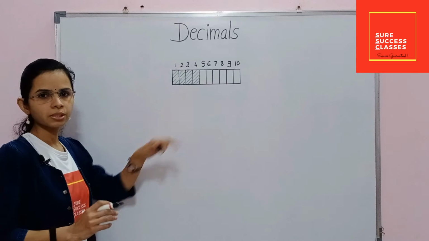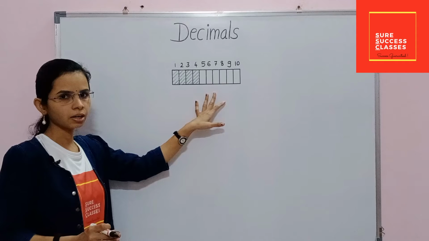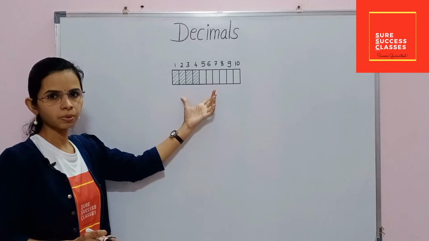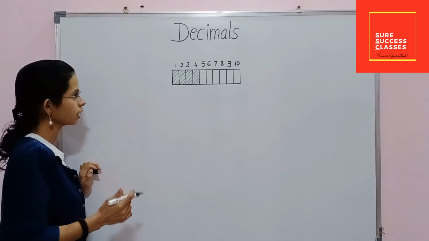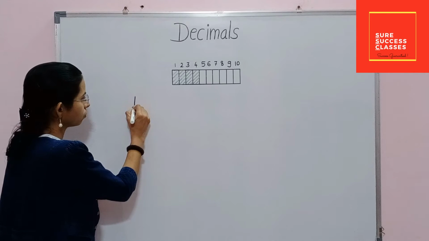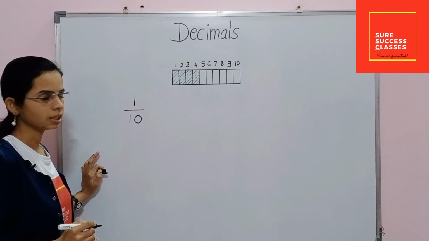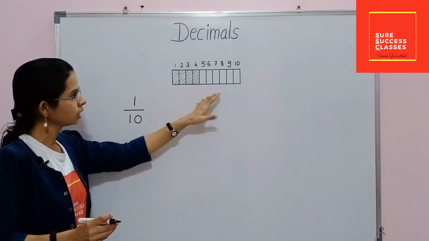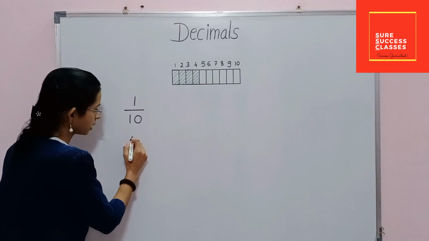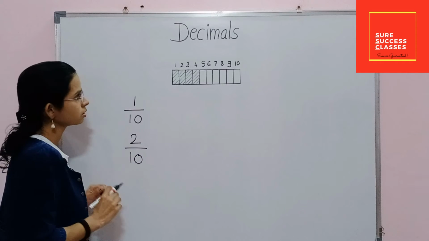Here the diagram is given and it is divided into 10 equal parts, and out of these 10 equal parts if we consider one part, the fraction for that part will be 1 part out of 10 equal parts, 1 by 10. If we consider 2 parts out of 10 equal parts, then the fraction will be 2 by 10.